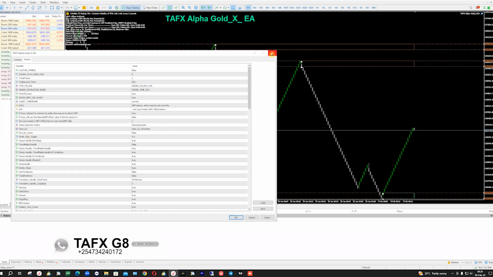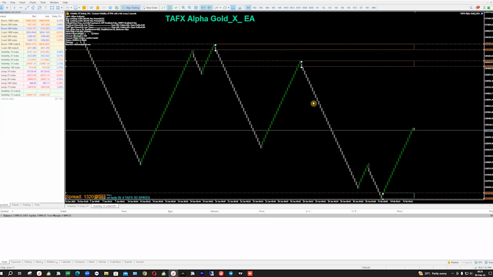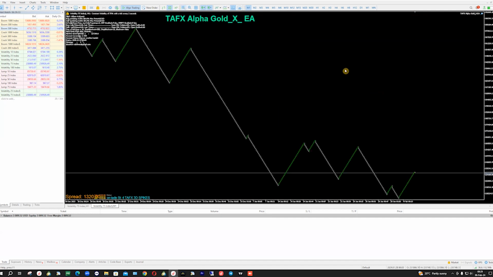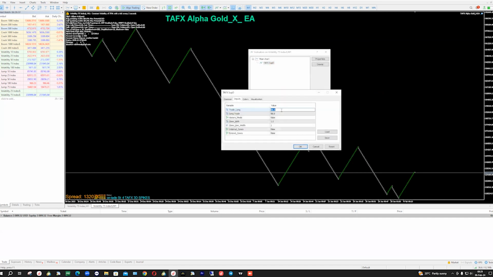You can go directly to this one for break filter, but because it's for the Renko, it will have a different setting. It won't be like that one for MT5 candles, sorry. So let's say, for example, here we say it's 7.8.